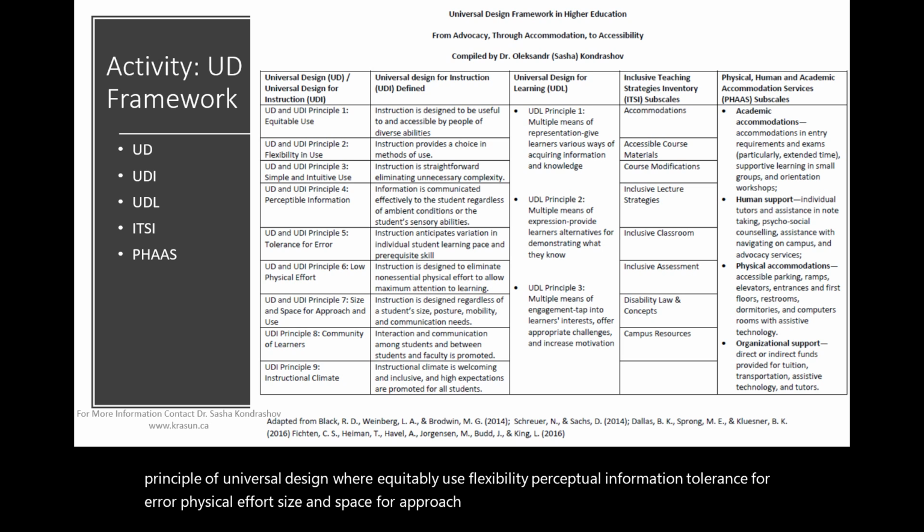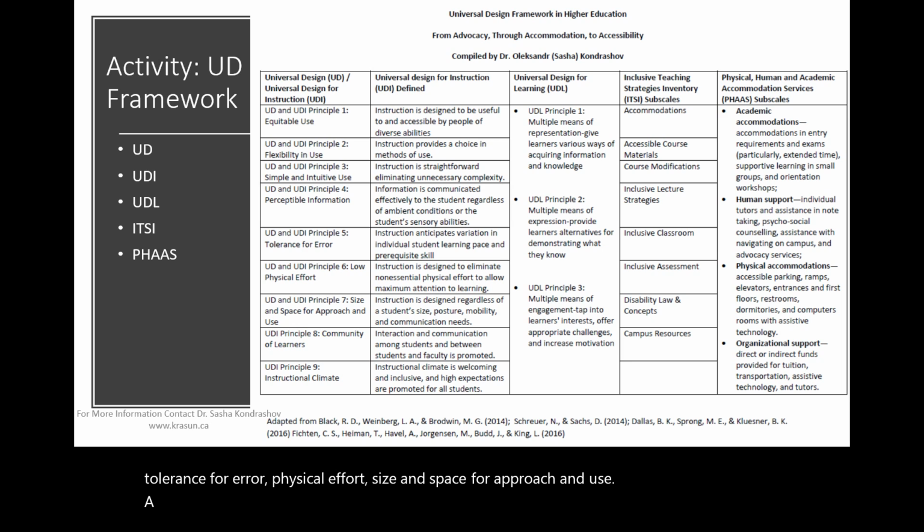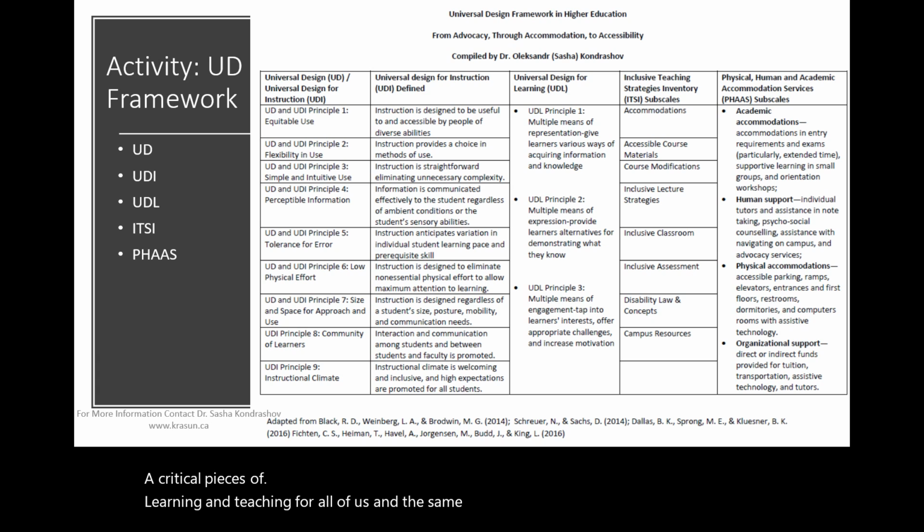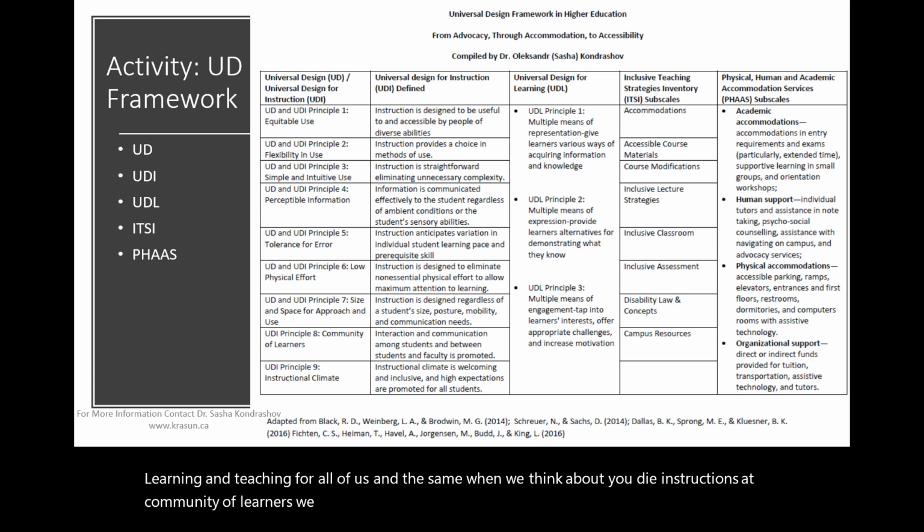These are critical pieces of learning and teaching for all of us. And the same when we think about UDI instruction, the community of learners we will build together asynchronously and synchronously will help us to move through this course. It's the same as instructional climate.